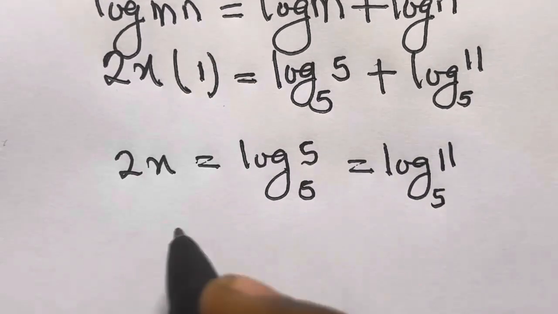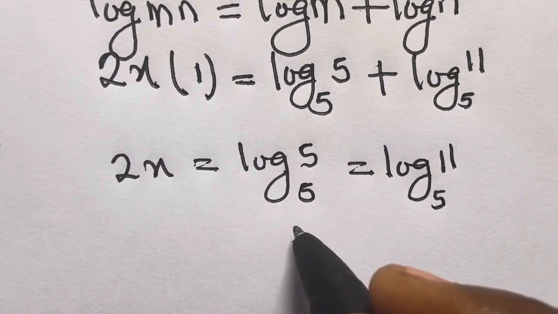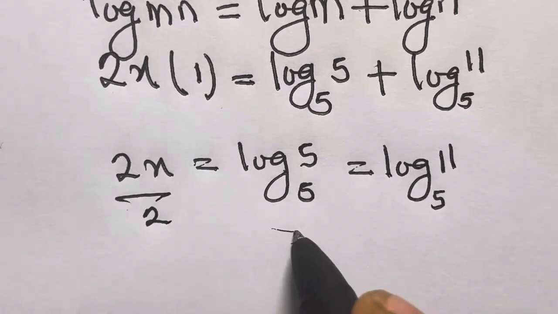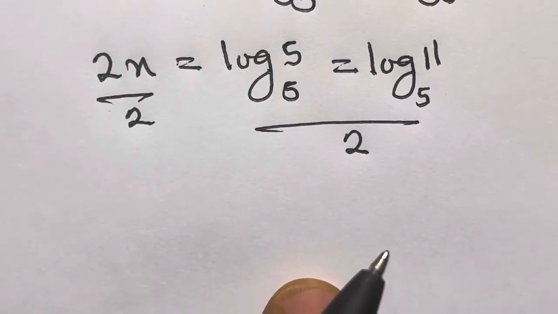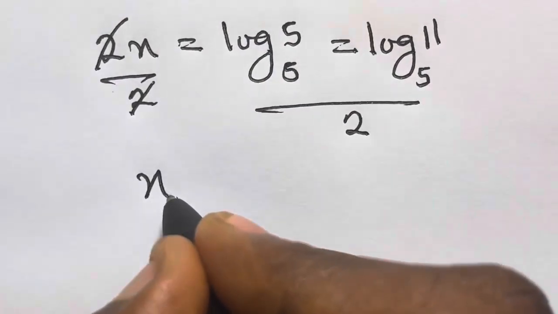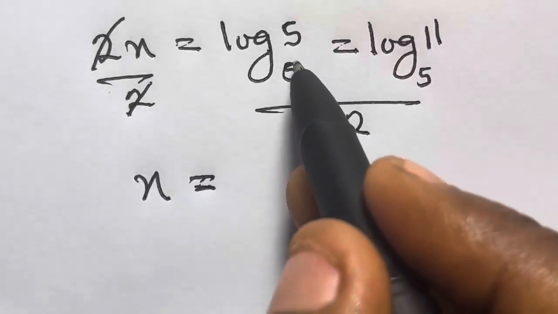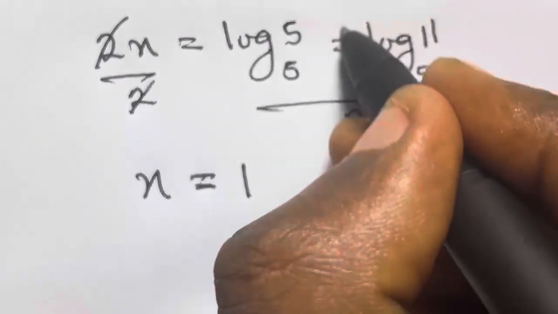Now we have to divide both sides by 2. If you divide both sides by 2, we have x equals, this is a logarithm to its own base, and it becomes 1. Sorry, this is plus.